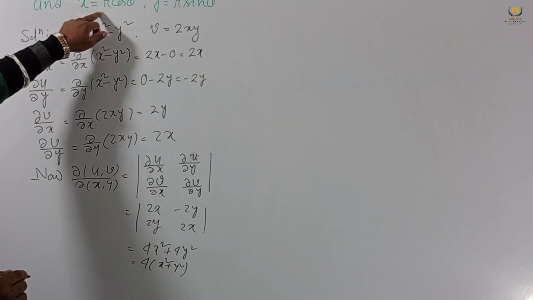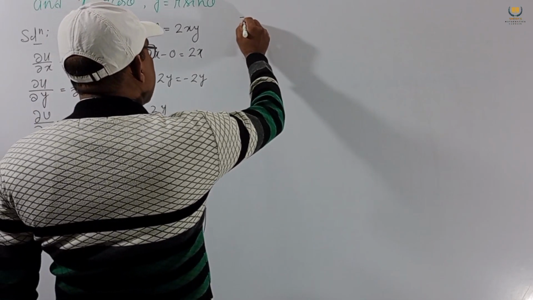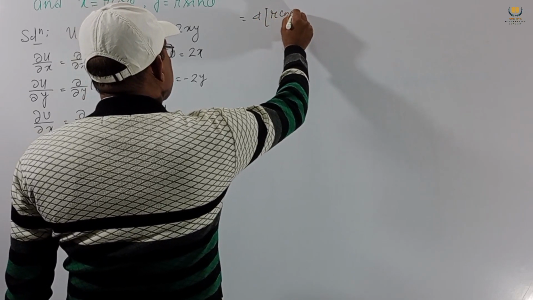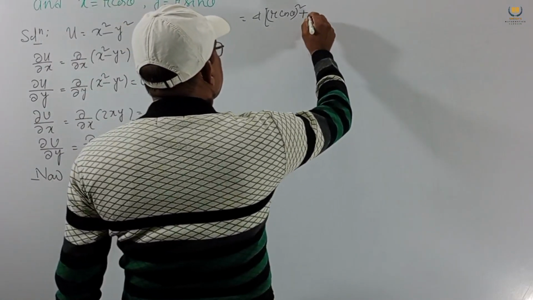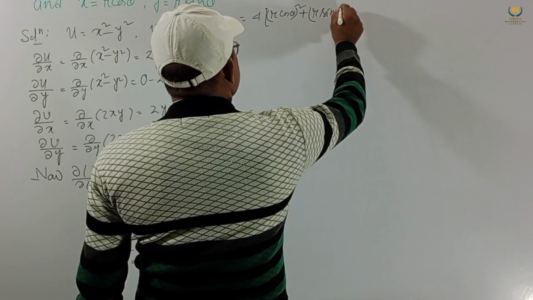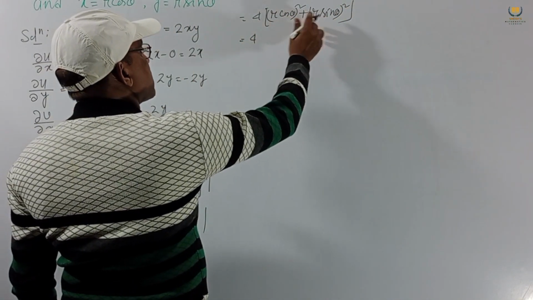Again x is given as r cos theta, y means r sin theta. So putting the values, 4 into r cos theta whole square plus r sin theta whole square, this is r square cos square plus r square sin square.